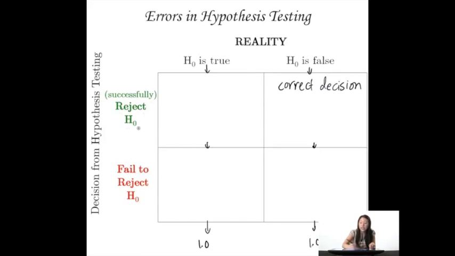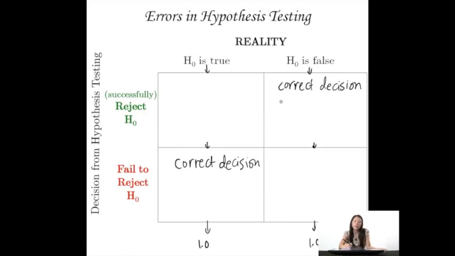If we failed to reject the null, however, but the null is actually true, we shouldn't have rejected it. Then this also represents a correct decision. Good job not rejecting the null. The null was right all along, right? So these two are ways that we could be correct.